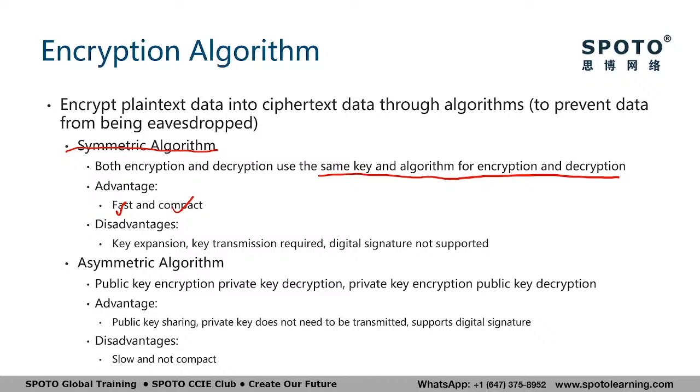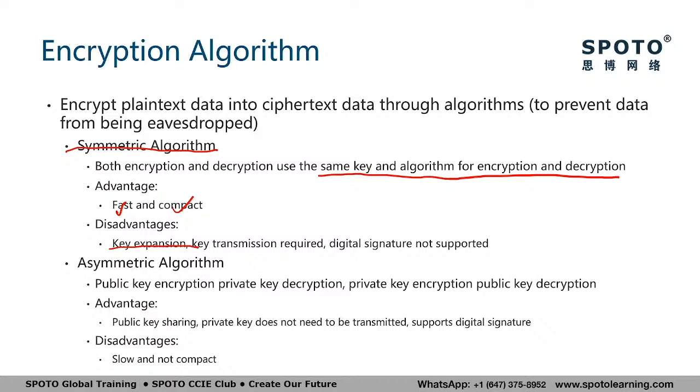So this means you need a same precious key with everyone. If you have 10 pairs, you need 10 keys. If you have 50 pairs, you need 50 keys. That's why the key expansion would be a problem. You need to manage lots of keys, one for each.